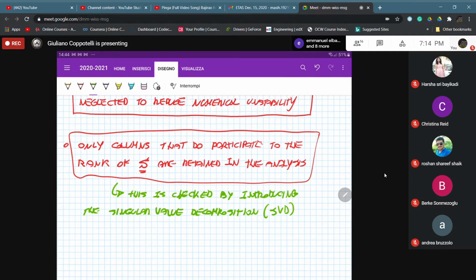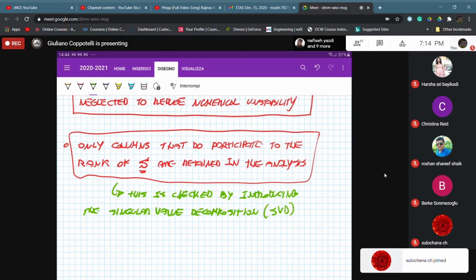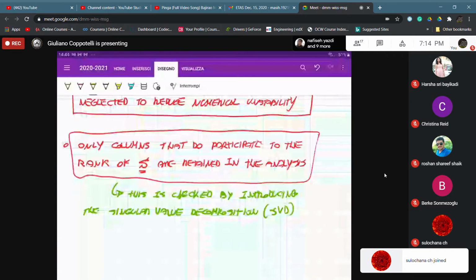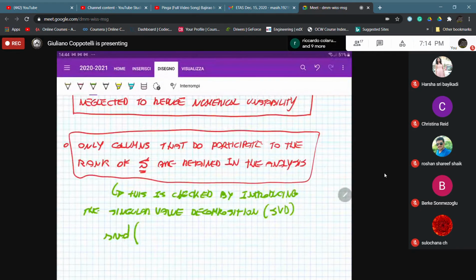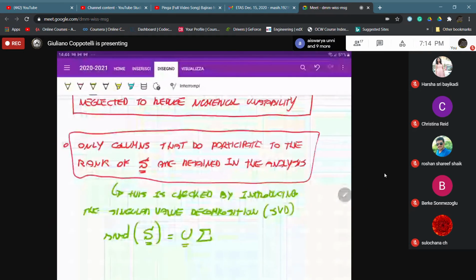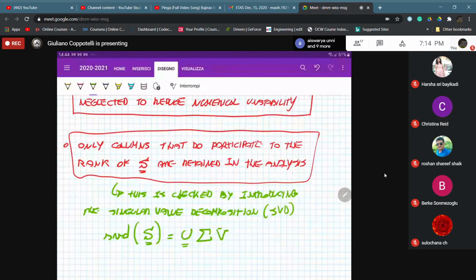Okay? So that's what we can have in evaluating the check. Okay, so the rank of your system. So is done the decomposition of your sensitivity matrix as, let's say, the left singular vectors times the diagonal matrix of the singular values, and then the right singular vectors.